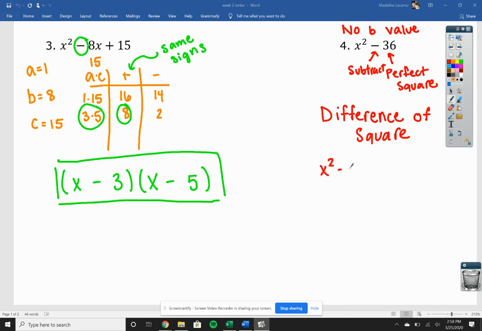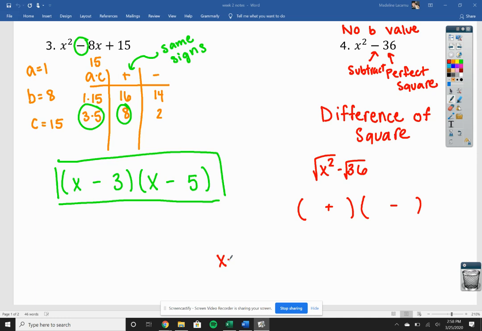But with this, we have x squared minus 36. And all we have to do, you have to remember that one of these will be plus, the other is a minus. Then I just take the square root of both of these. So the square root of x squared, that means what times what equals x squared. It has to be the same number.